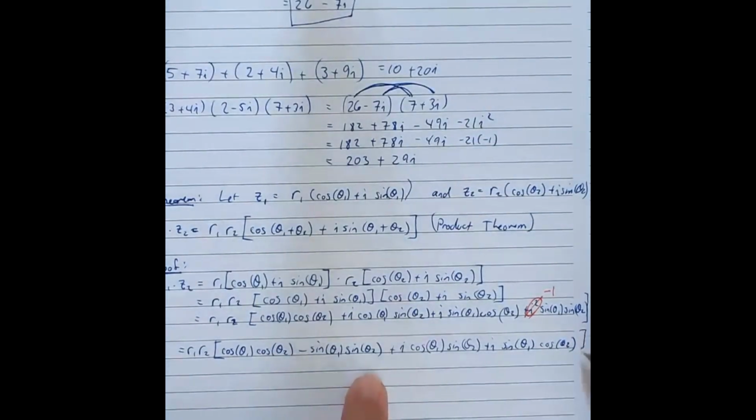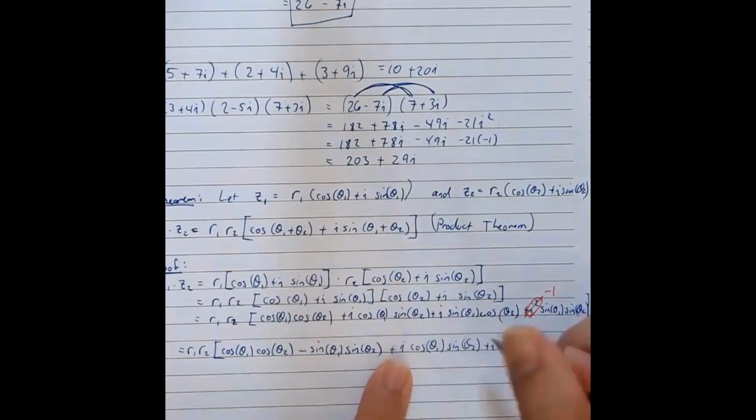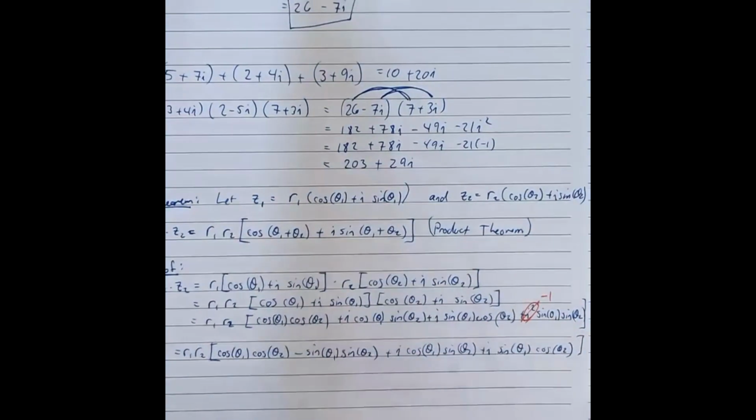Notice right here that these two both have an imaginary number on them, which means that i is a common factor. So I can factor that out.